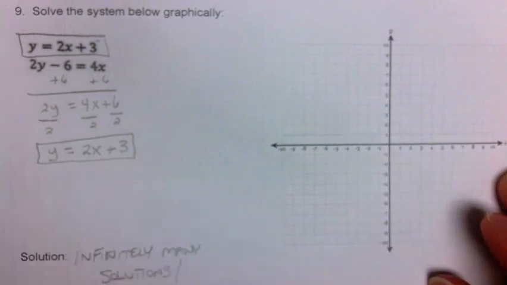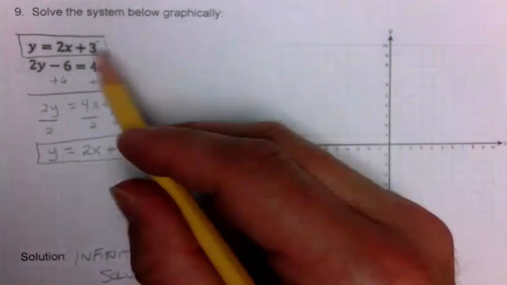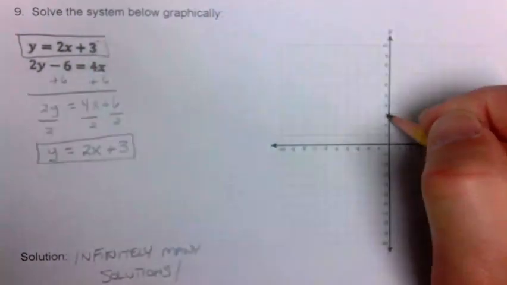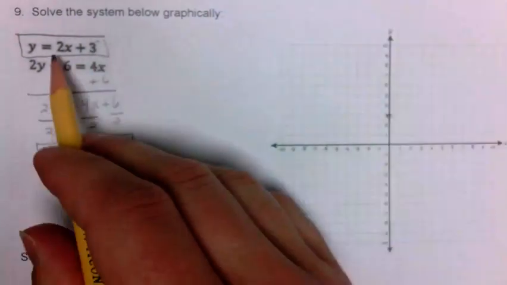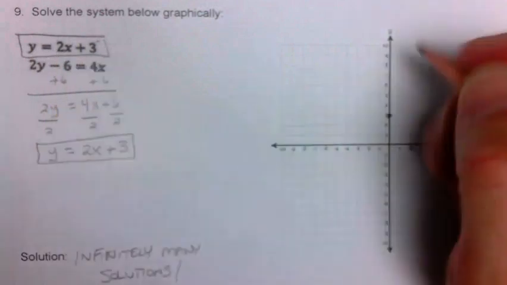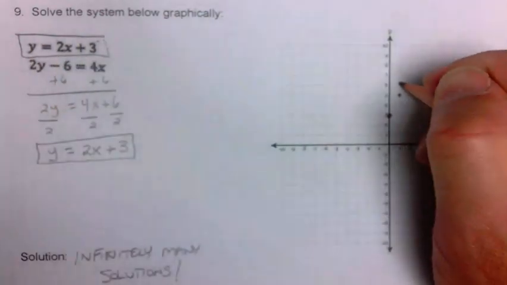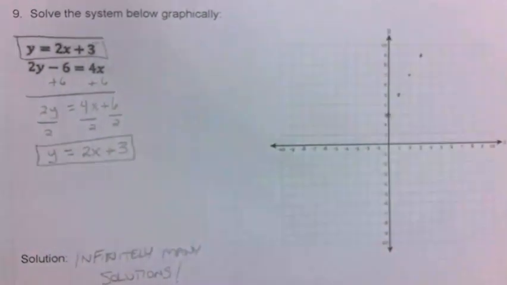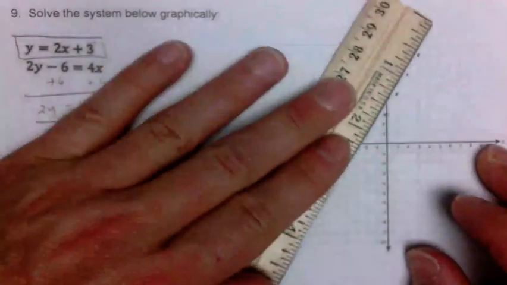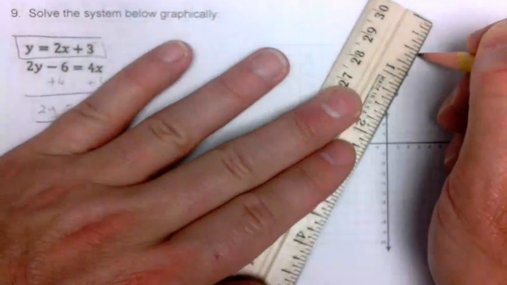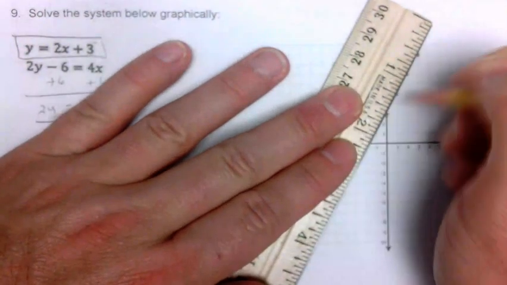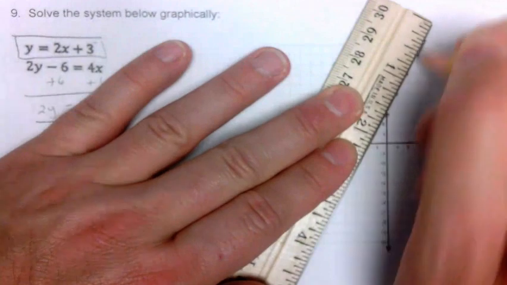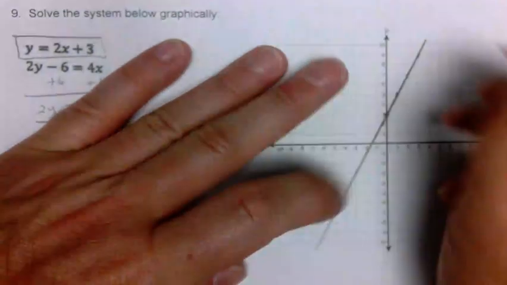So we can start by writing at the y-intercept 0, 3, and then using the rule of the slope, 2 over 1, up 2, right 1, up 2, right 1, up 2, right 1. And then we'll go ahead and connect those. Our second line is going to be exactly the same as this one, so I really just have to graph this once.